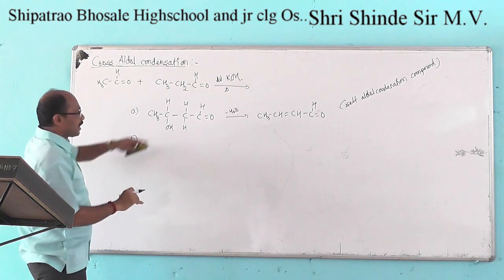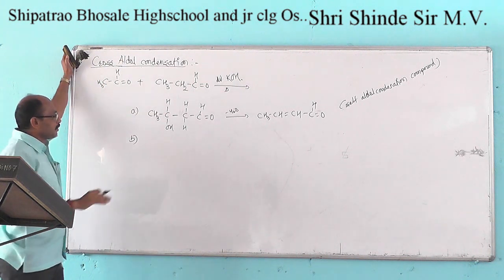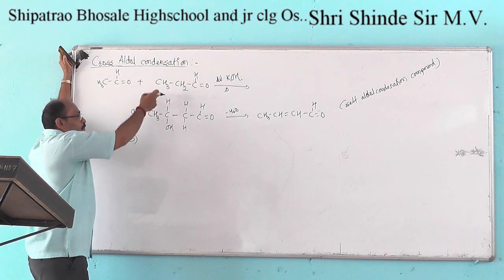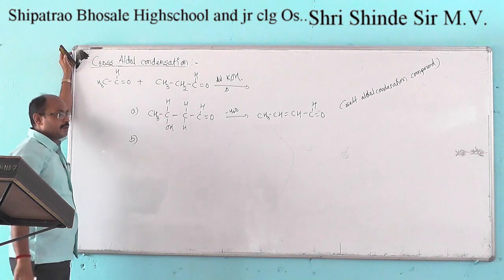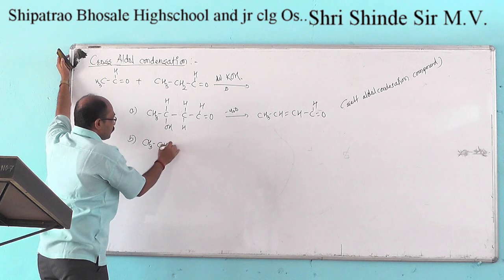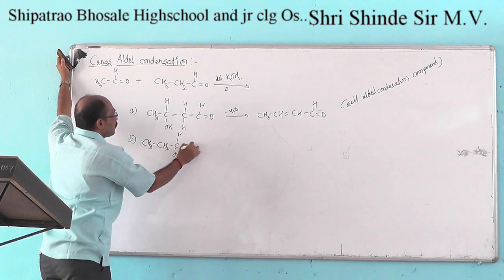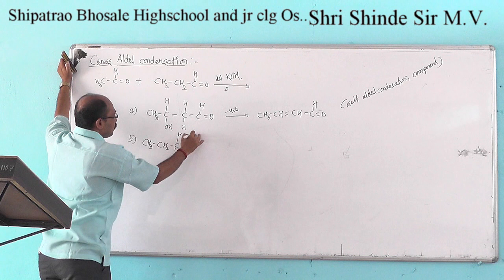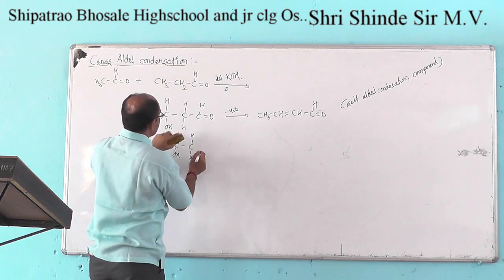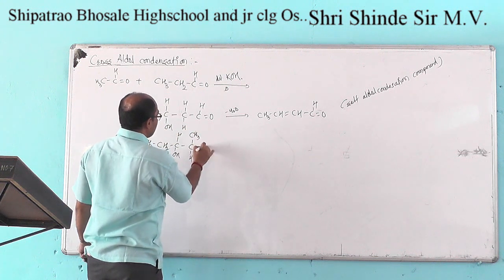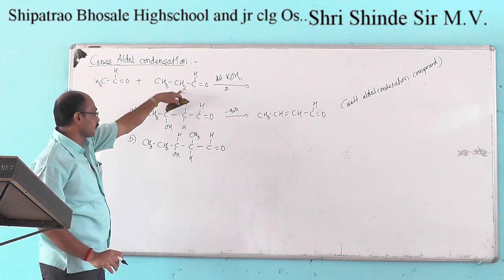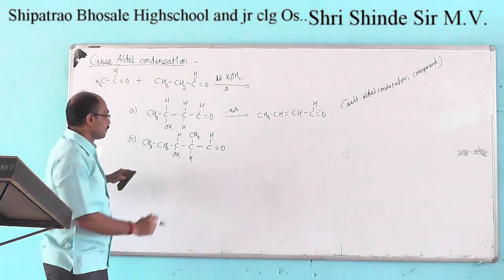Second, another self aldol condensation compound. One propanal molecule is condensed with another propanal molecule to form something like this: CH3, CH2, CHOH, CH2. We have removal of one hydrogen from this carbon. This is the alpha carbon.